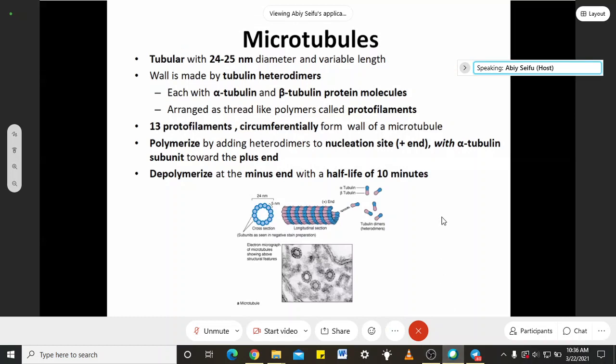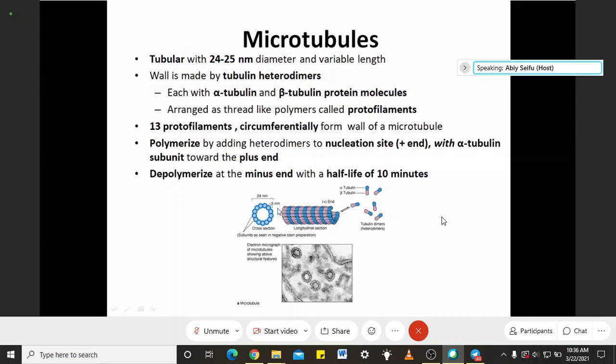And for formation, they get polymerized. Beginning from one end, they are laid down one next to the other. They are polar because I said one end is alpha, the other end is beta. And by laying down from one side to the other side, always head to tail, they begin at one end and increase towards one direction.